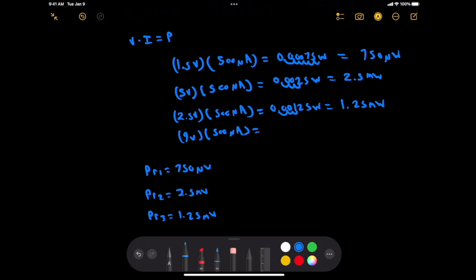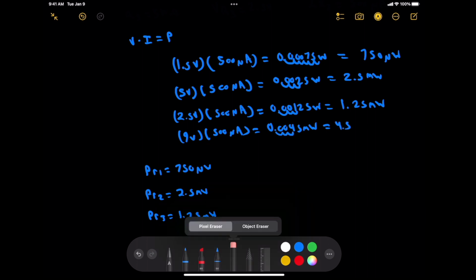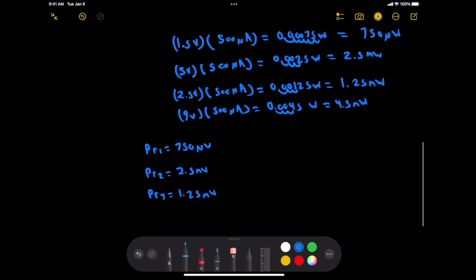And now putting that into the calculator, it is going to be equal to 0.0045 watts, or 4.5. Caught myself with another mistake. It's just going to be watts. 4.5 milliwatts.